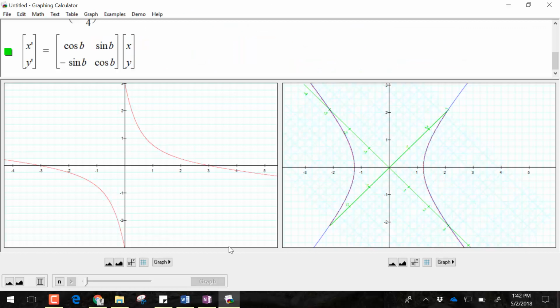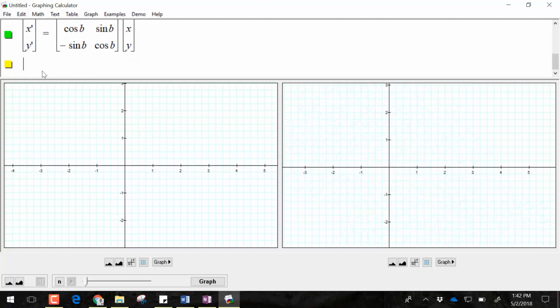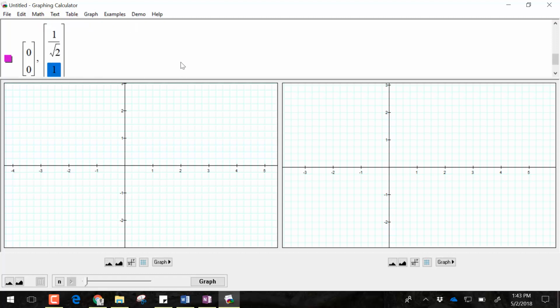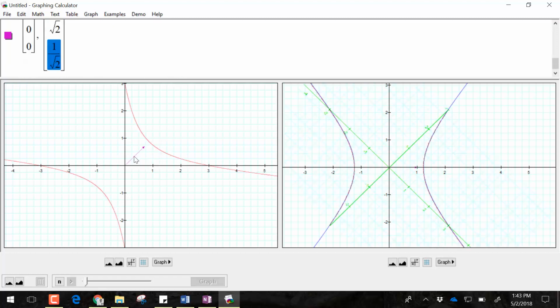So if we graph that vector, 1 over square root of 2 and the same thing, that vector is this vector over here, which is originally this vector over here that's been shifted.